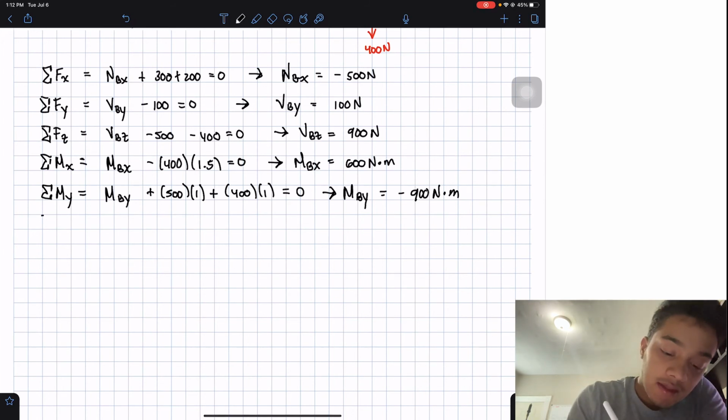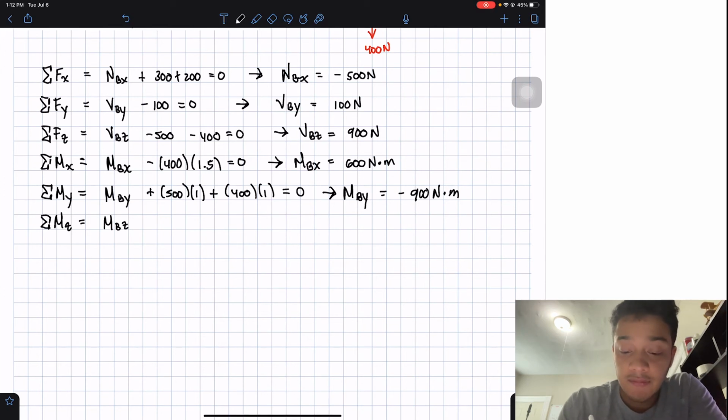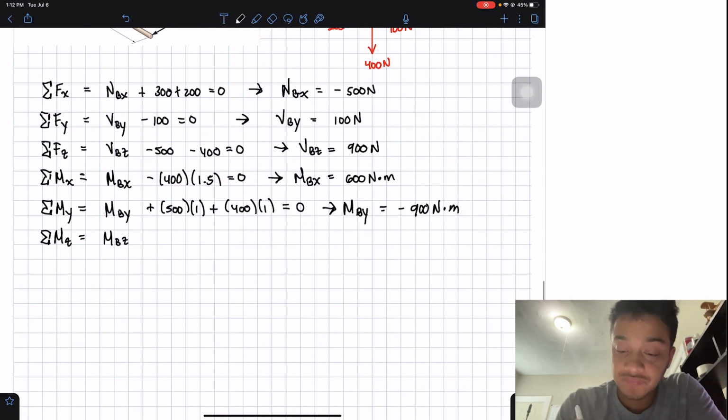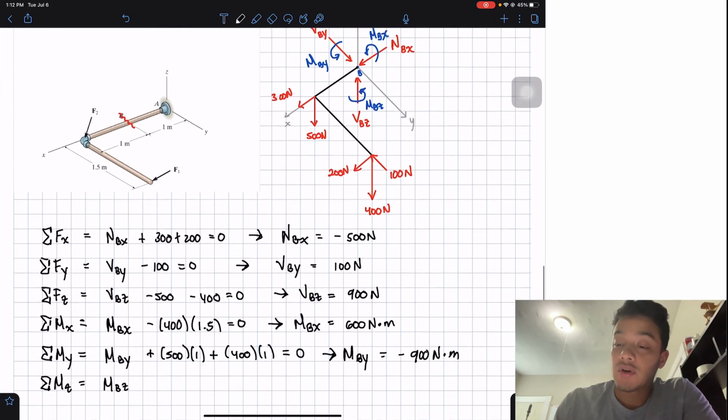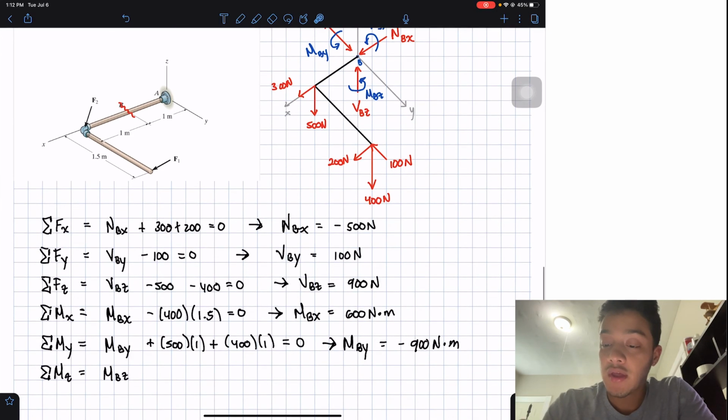Okay, last thing I need to solve for is applying the summation of moments around my z-axis, and the unknown is my moment at point B in the z direction. Okay, so what do we have? We don't care about this 300 because it's also passing through my z direction. I don't care about this 500, and I don't care about this 400 because they are in the z direction. Then the rest that I have is this 200 and this 100.